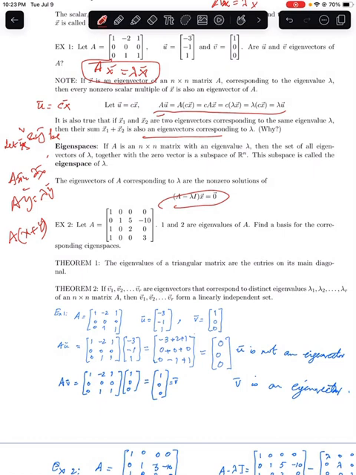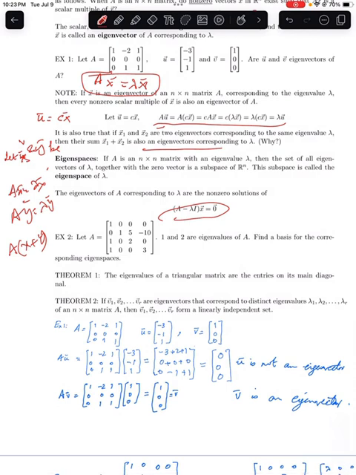Second theorem: if v1 up to vr are eigenvectors that correspond to distinct eigenvalues lambda 1, lambda 2, up to lambda r of an n by n matrix, then v1 up to vr form a linearly independent set. So if you take eigenvectors of a matrix corresponding to distinct eigenvalues and make a set out of them, then that set will be linearly independent.